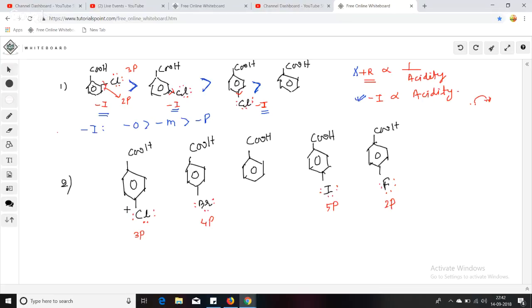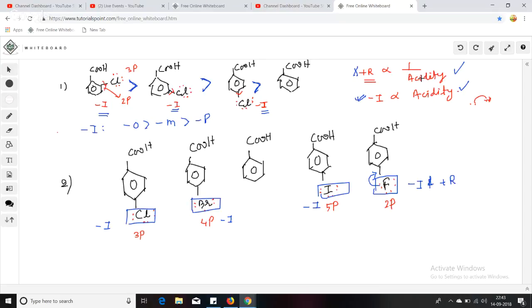Because of this group, we have only minus I effect. Because of this group, we have only minus I effect. Because of this group, we have only minus I effect. But because of this group, we have minus I and plus R. In this, resonance is also possible. Minus I and plus R, and you see, these are opposing factors.